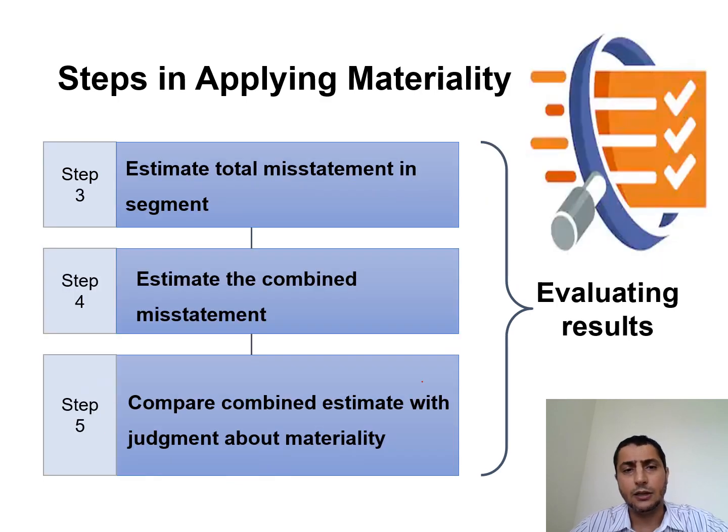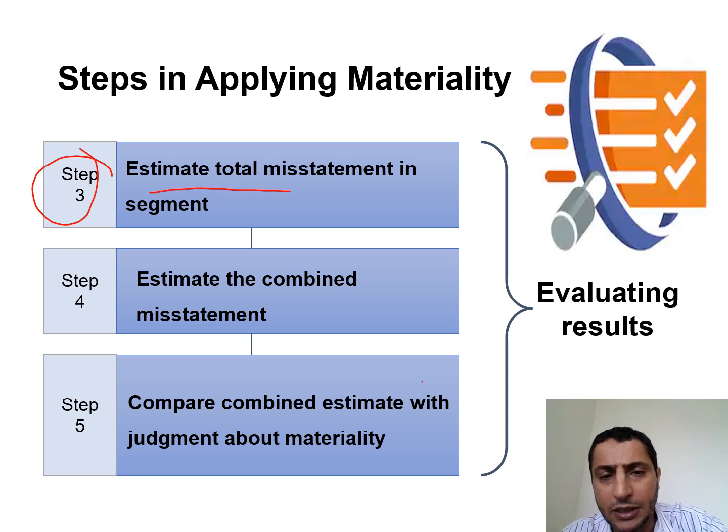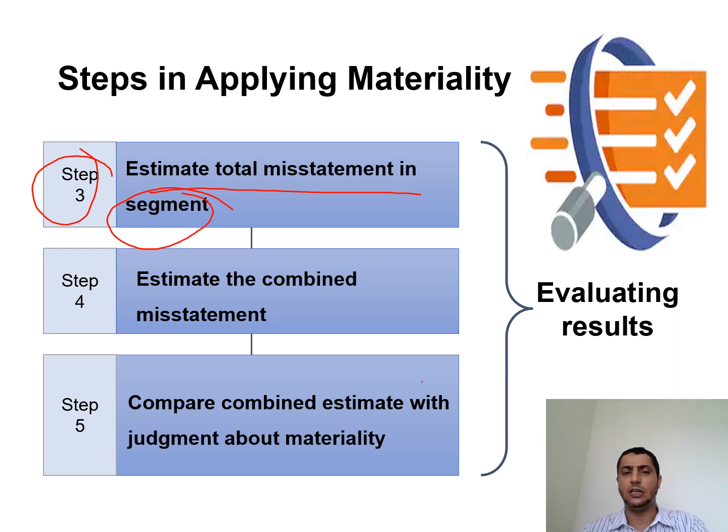So in steps 3, 4, and 5, it's not in the planning, it is while evaluating the result. In step 3, we will estimate the total misstatement in each segment. So we need to get the figures of the misstatements in each segment.